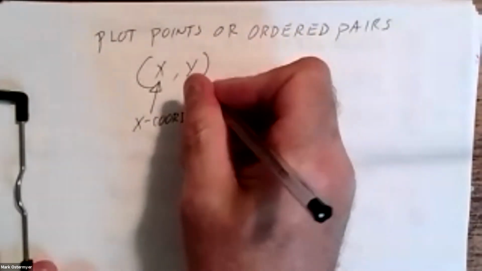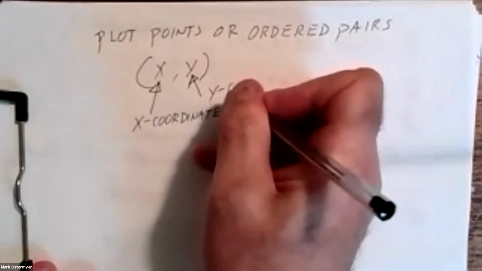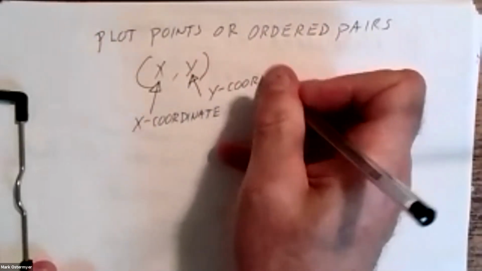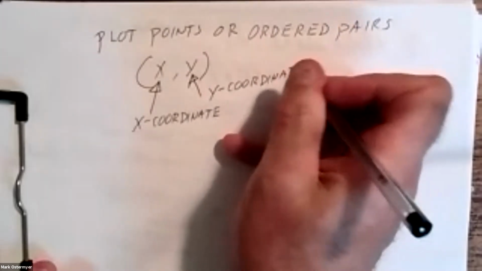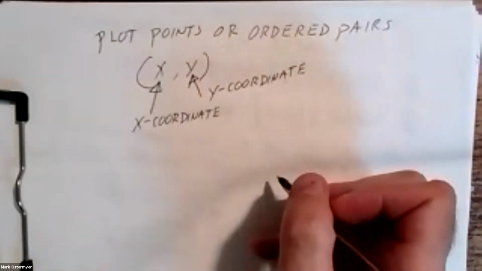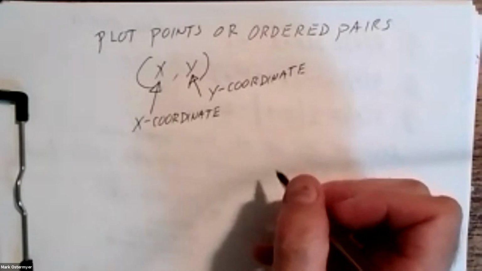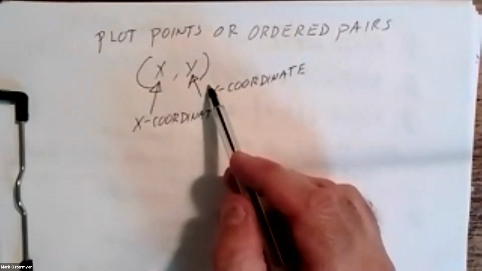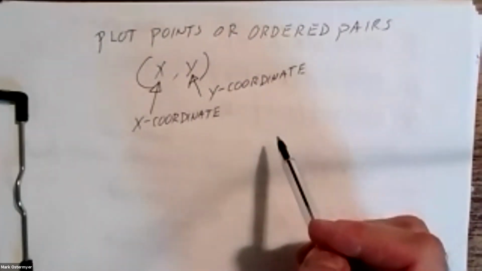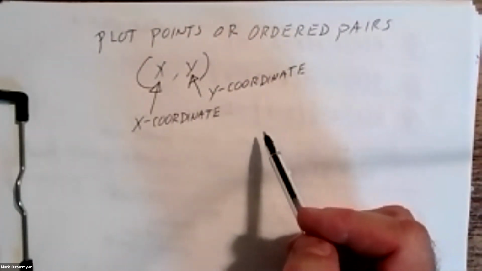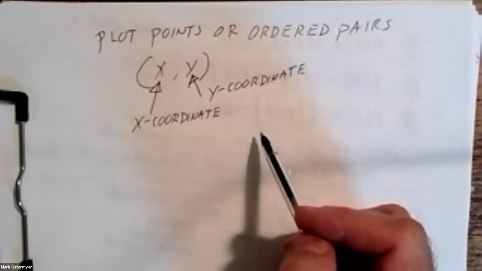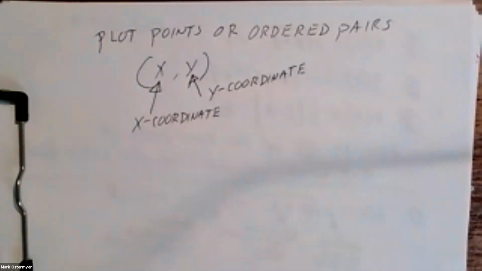The second entry of our ordered pair is called the y coordinate. And these ordered pairs translate into a point being plotted in the appropriate location in the xy plane. So that's what ordered pairs look like in general. Let's see if we can plot some ordered pairs now.